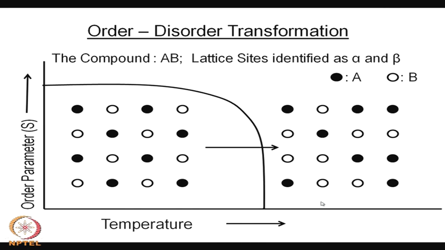So, disorderedness may be restricted to particular atomic planes or atomic layers, two dimensional layers. Okay. That is also some kind of disorder, but here we are considering the total volume.